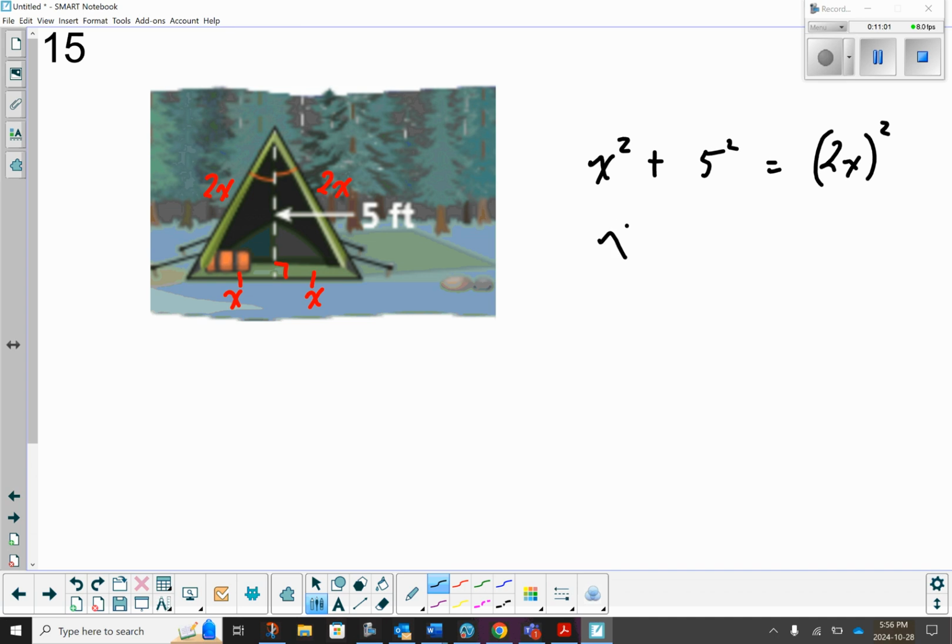So in this case, x squared plus 25 is equal to, careful, not only square the x, but you also have to square its coefficient of 2. Combine like terms.